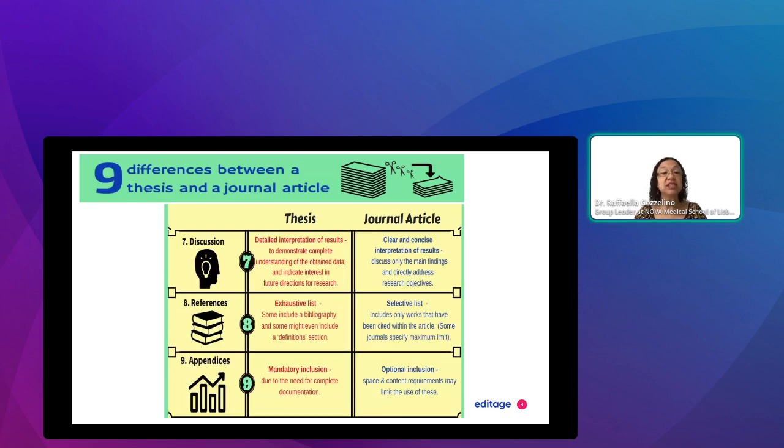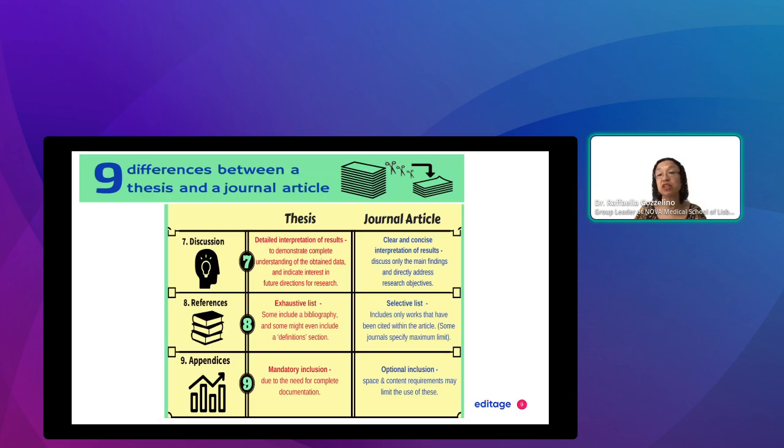So regarding the discussion, in the thesis you need to provide a detailed interpretation of the results because you need to demonstrate that you have a complete understanding of the data that you obtained and indicate the interest of future directions that people might potentially like to pursue. But in the journal article, this discussion is very concise.